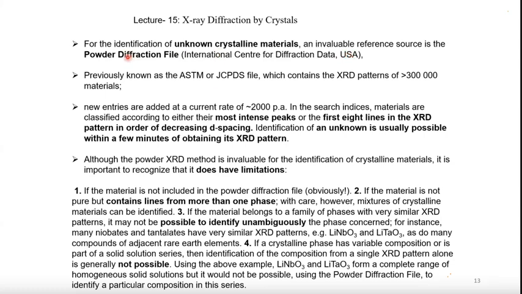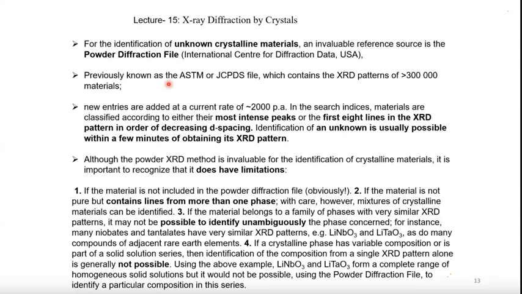Before that we used the ASTM or JCPDS file. Now X-ray powder patterns of more than 300,000 materials are recorded in the powder diffraction file for reference, and new entries come in at about 2,000 per annum.